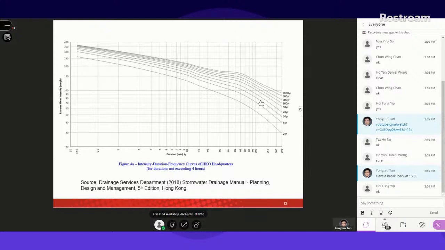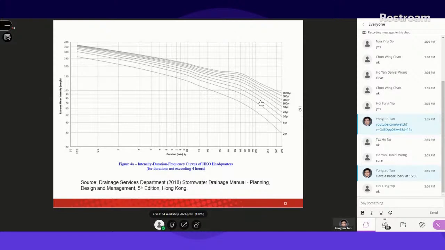Now, next I will talk about the ARI, the average recurrence interval. The ARI is the average or expected value of the period between exceedances of a given precipitation or discharge. This is usually expressed in years. It is also called return period. The return period is selected on the basis of the economic efficiency or the protection needed.